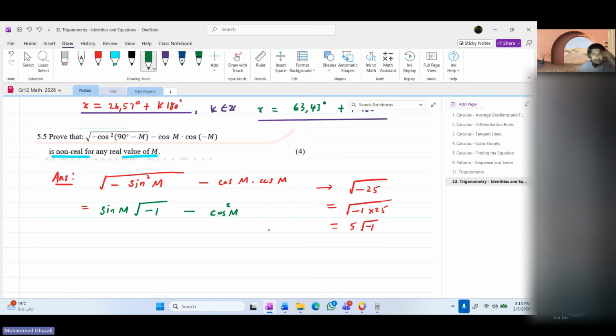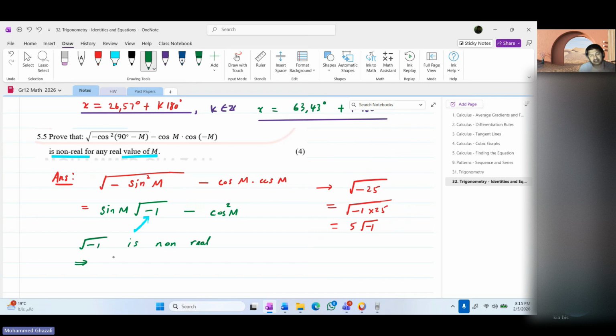Negative cos squared m. So you can say this expression here, no matter what the value of m is, this entire expression here is non-real. You can see this part is a non-real part. The square root of negative 1 is non-real.